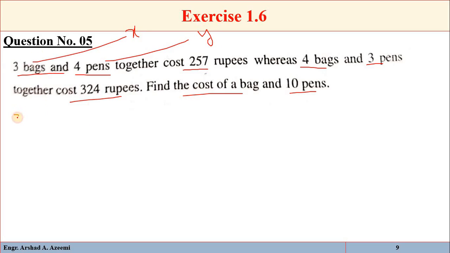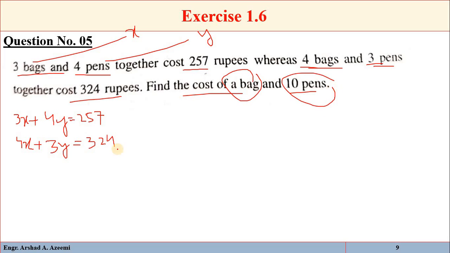From the equation, 3x plus 4y cost is 257. Now 4 bags and 3 pens mean 4x plus 3y, its cost is 324. Now we have to find out the cost of a single bag and the cost of 10 pens.